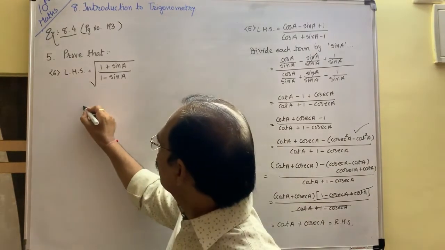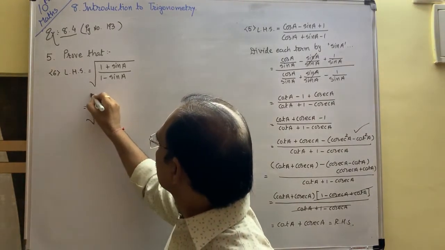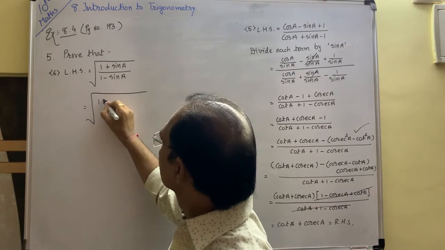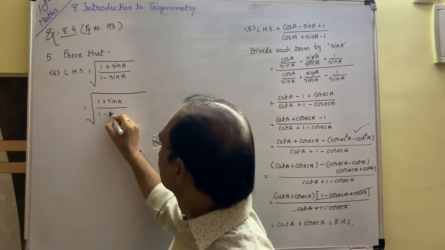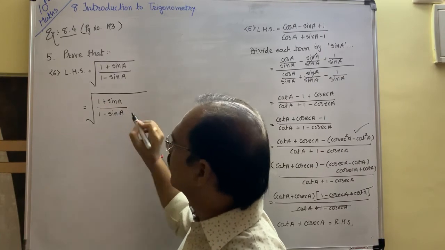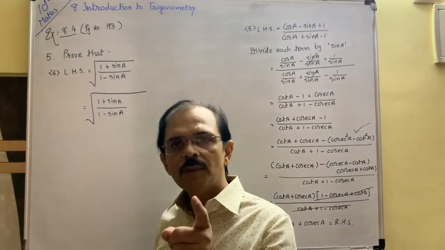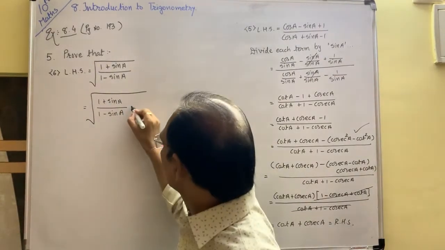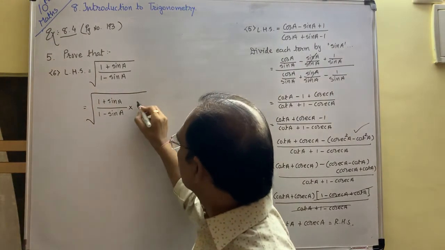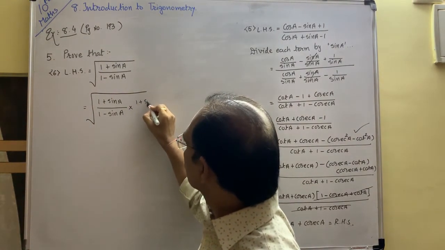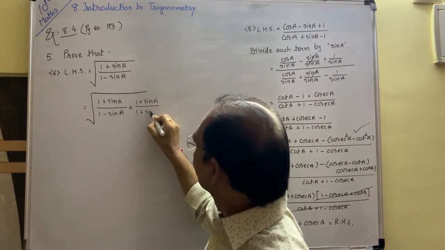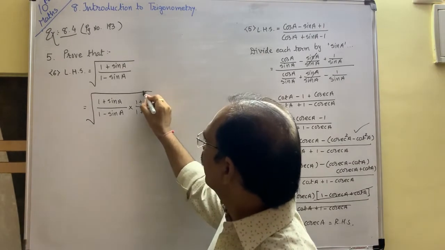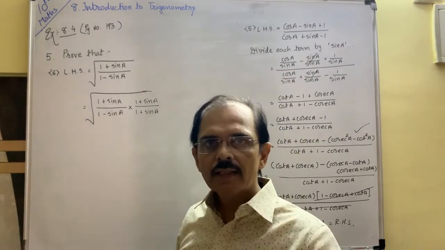Now see, don't worry about square root. Square root, keep it as it is. 1 plus sin A upon 1 minus sin A. I want to simplify denominator, so I should multiply this term A minus B multiplied by A plus B. Okay, this is called rationalizing factor that you have learnt in 9th standard.